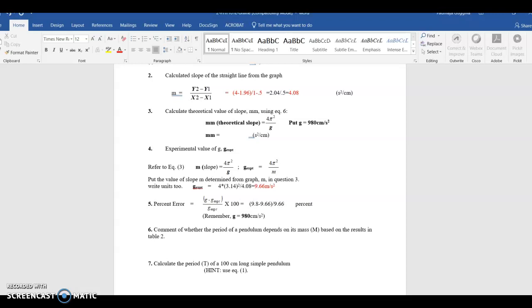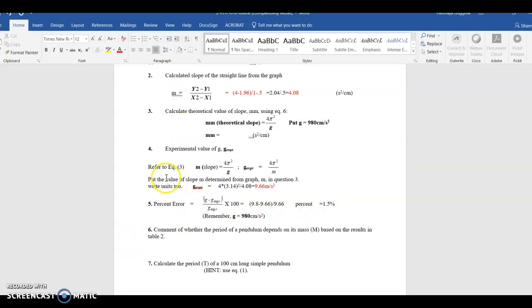Whatever answer you get, that's your error percentage, which is going to be that. So I got approximately 1.5 percent error. It means I am pretty much 98.5 percent accurate, which is pretty good, right?